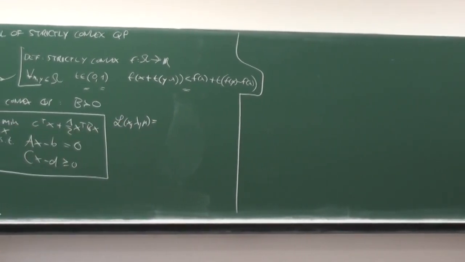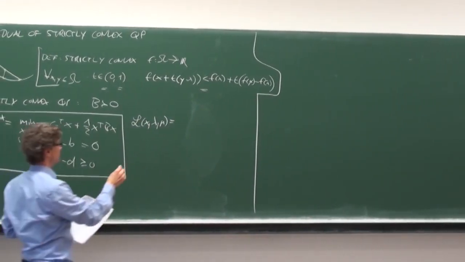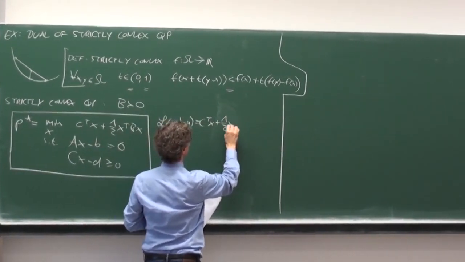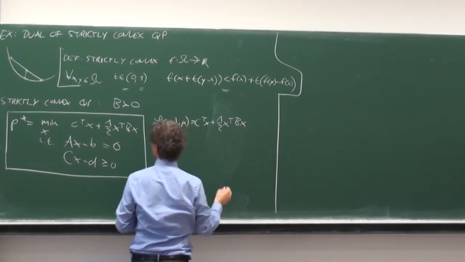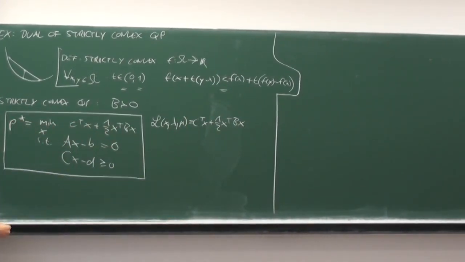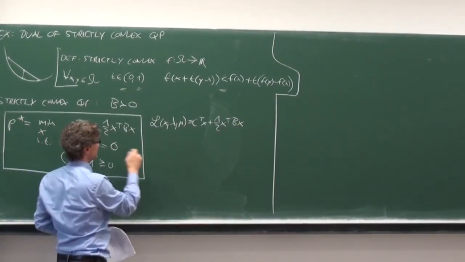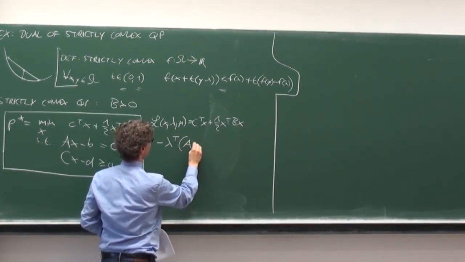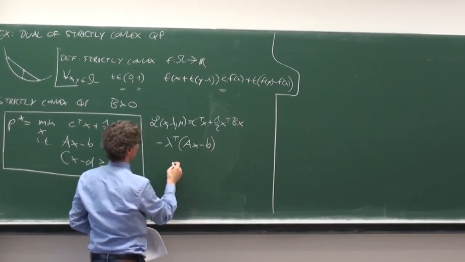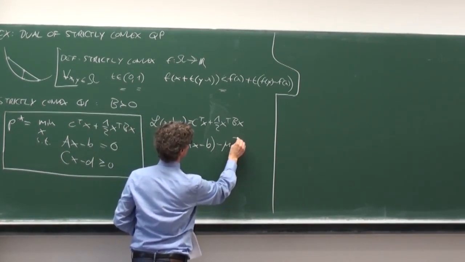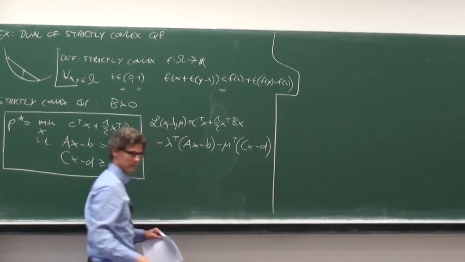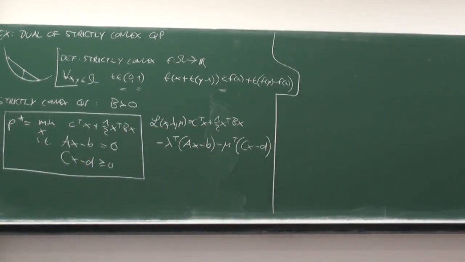It will be the objective, c transpose x plus 1/2 x transpose B x, and then I subtract the equalities, lambda transpose (A x minus b), and the inequalities, mu transpose (C x minus d). Do you all agree? That is just the definition of the Lagrangian function.